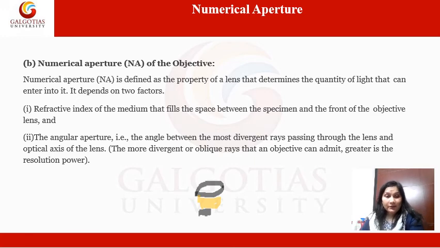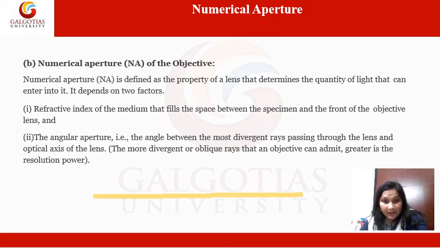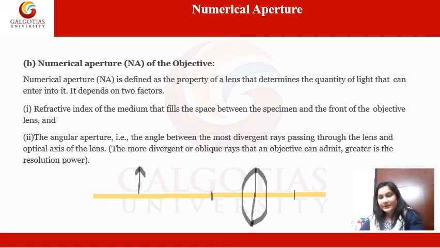Just a minute, I am just erasing this. Suppose this is the optical axis. This is your objective lens. This is the focus, and this is your object. Now this lens is getting so many rays originating from the object.